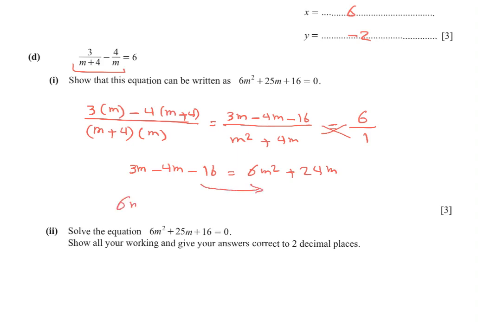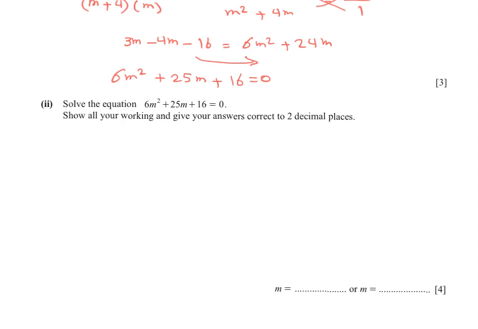So 6m squared. 3m minus 4m equals negative m. Negative m goes to the other side as positive, so you have 25m. Negative 16 goes to the other side as positive. So plus 16 equals 0.